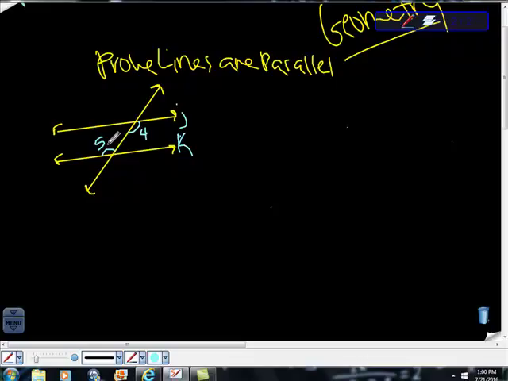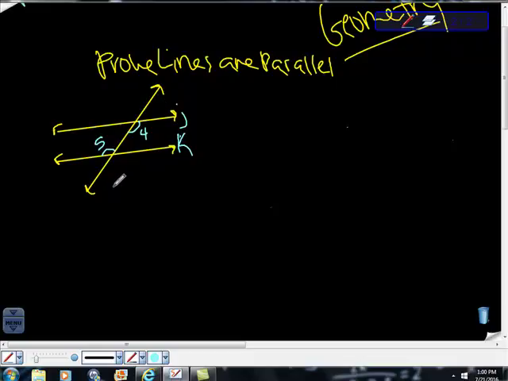By applying our knowledge of the alternate interior angles theorem that we learned previously, we know that if 2 angles lie in the interior and on opposite sides, they are alternate interior angles. Angle 4 and angle 5 both lie between lines J and K, and they lie on opposite sides of the transversal. Angle 4 lies on the right side, while angle 5 lies on the left side.